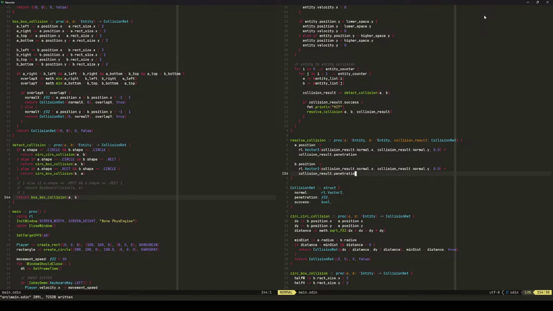So probably based on the penetration, it should be like before, right? And what do I need? What do I need? Position.